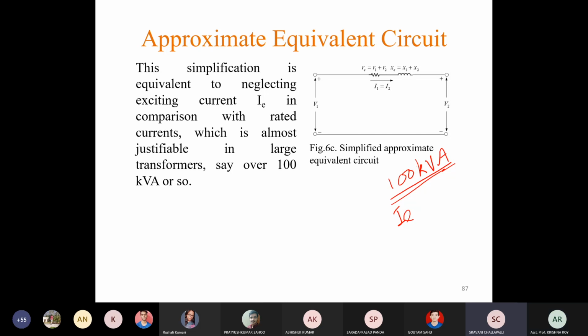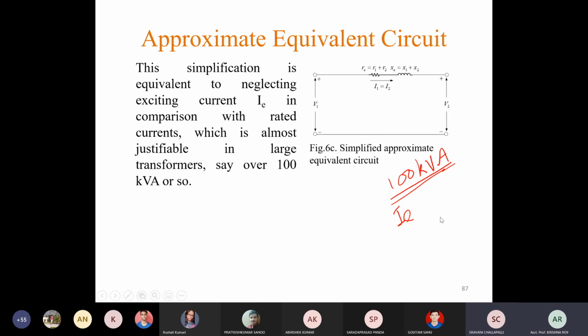For transformers having a power rating less than 100 kVA, this IE cannot be neglected. In that case it will be comparable with the other component of the primary current, which is the load component.